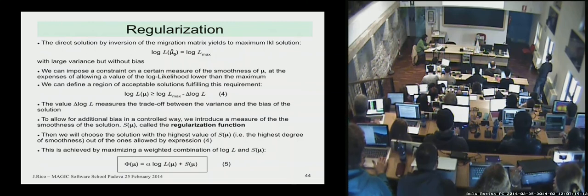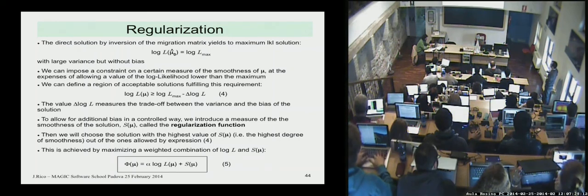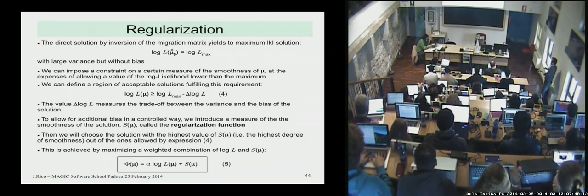If we know something about it, we include a measure of that property in this function and add it to the log likelihood in order to maximize it. Now there is a relative weight between the two things, which is this parameter alpha, that tells us what you are giving more weight to, whether it is the likelihood or the regularization function.